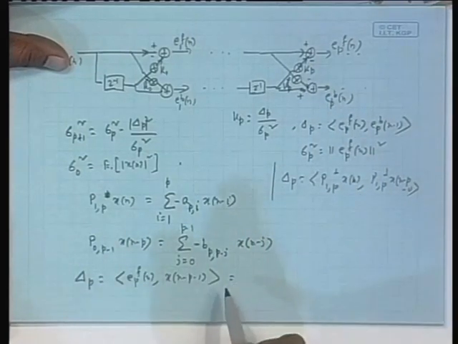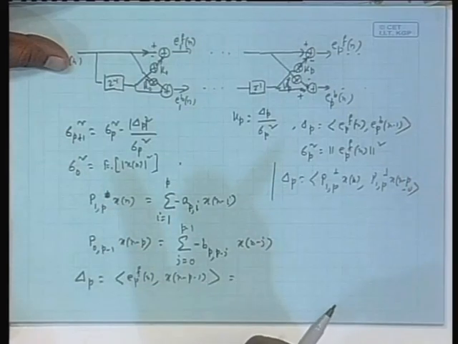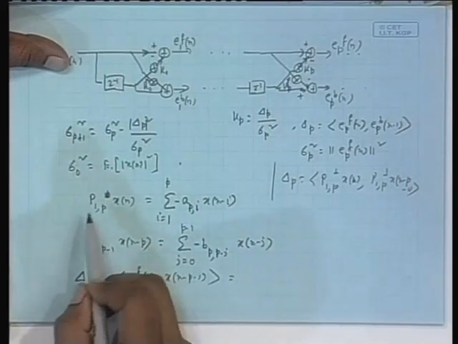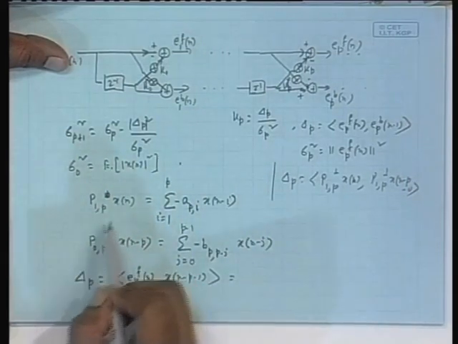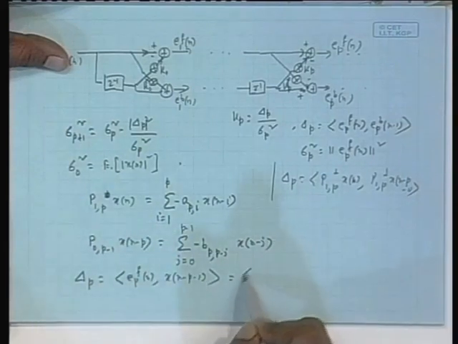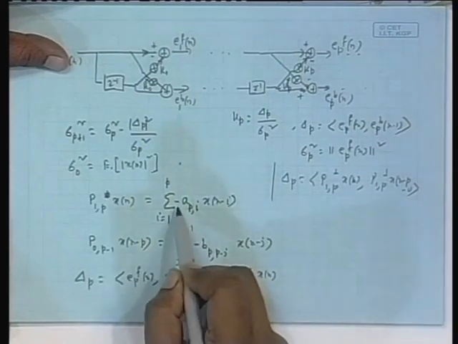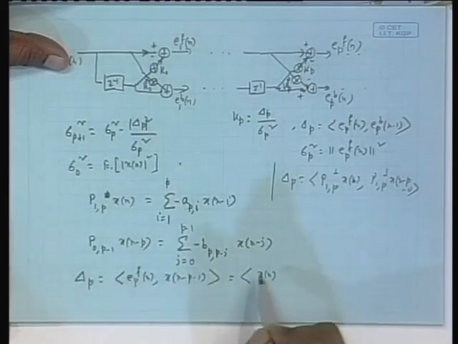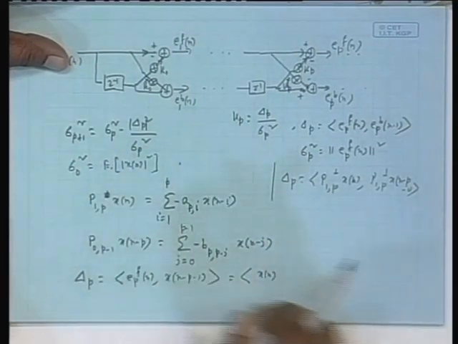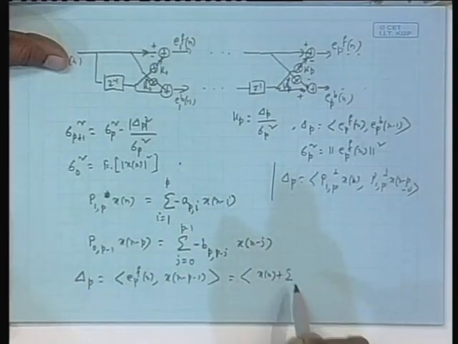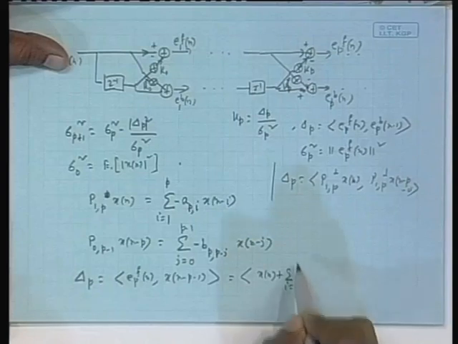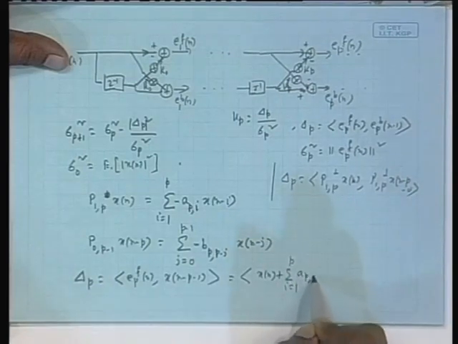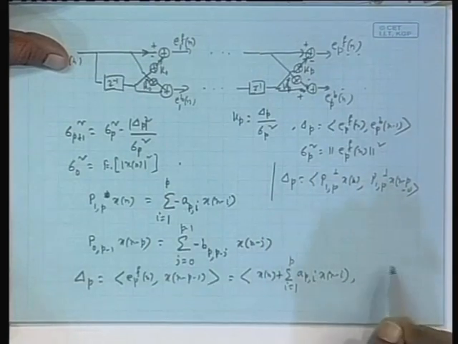And what is E p f n? x n minus the projection. x n minus this quantity, which you write here: x n, and then it becomes plus. That is why I put a minus here. x n minus this, and minus plus.